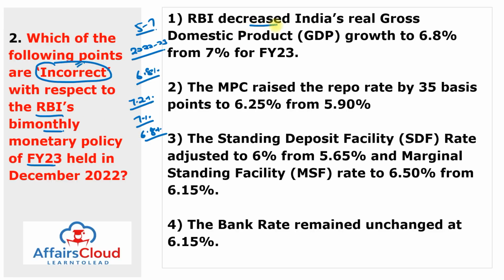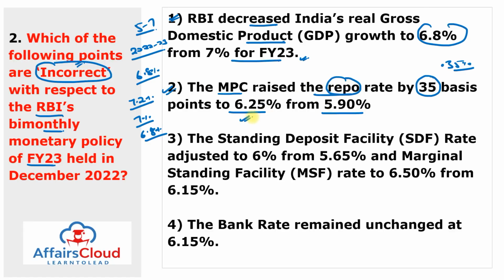First one is RBI decreased India's real gross domestic product growth to 6.8% from 7% for the financial year 23. This statement is true. We already discussed. Monetary Policy Committee raised the repo rate by 35 basis points or 0.35% to 6.25 from earlier 5.90%. This statement is also true and a very important statement.